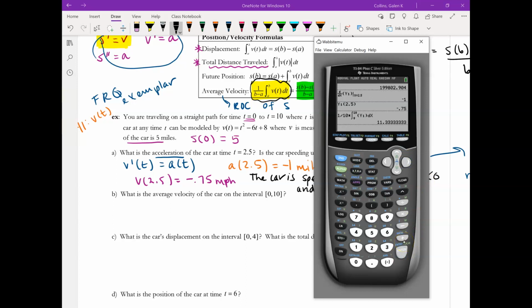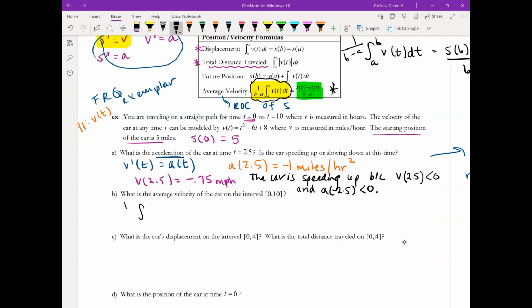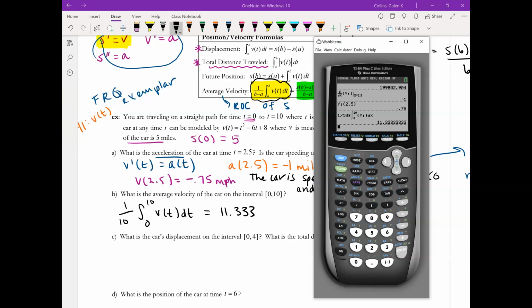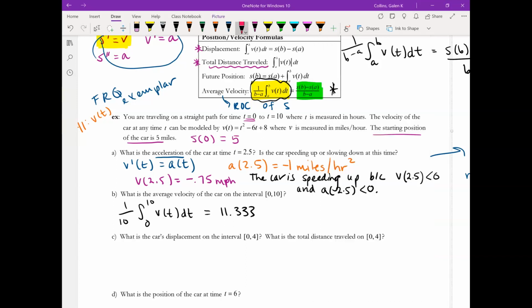Okay, so again, you're never going to write y1. You're going to write 1 over 10, or 1 over 10 minus 0, and we're going to write v of t. And then that gives us 11.333. Another thing that I think is silly, but don't do it, don't use a repeating bar, even though it is more precise.